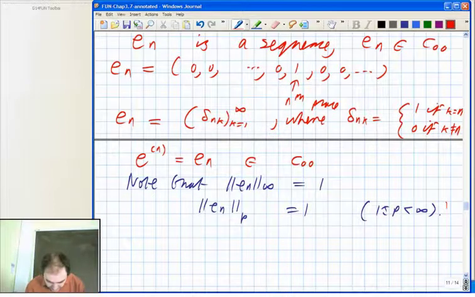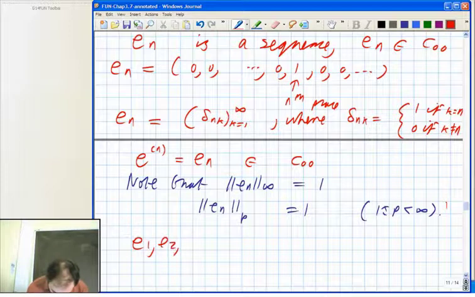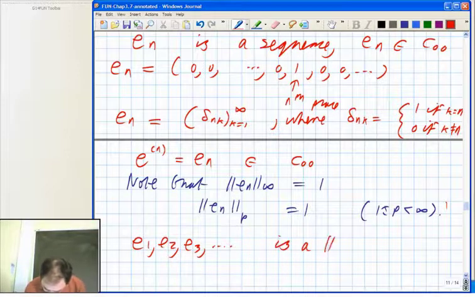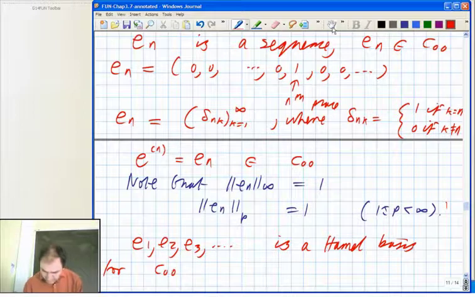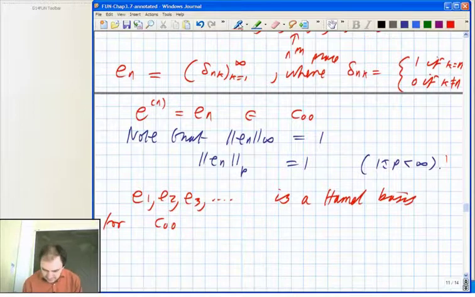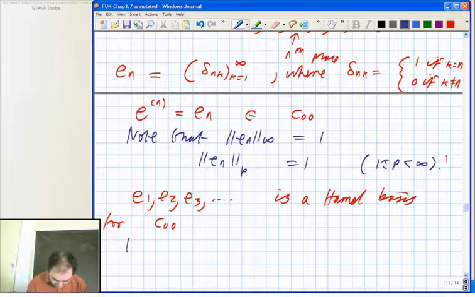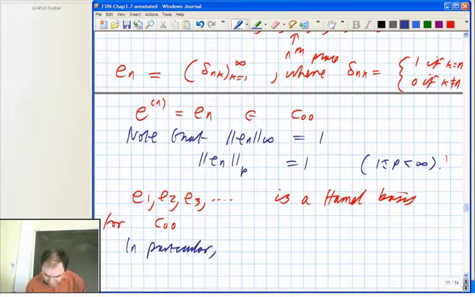You have the linear span of these. These actually form a Hamel basis for c00. So e_1, e_2, e_3, and so on is a Hamel basis for c00. In particular, c00 is the linear span of these.